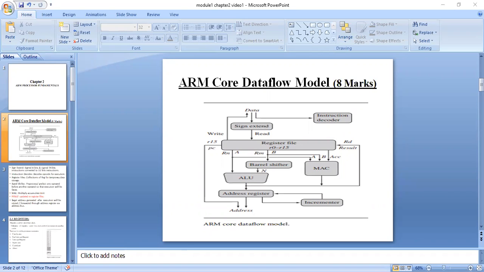For example, 5 plus of minus 2: what is the answer here? 5 plus of minus 2, the answer is plus 3.